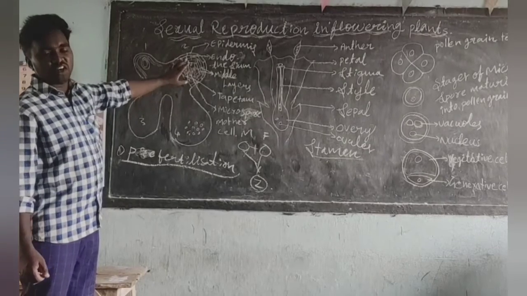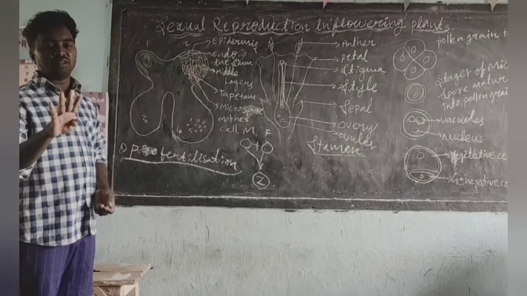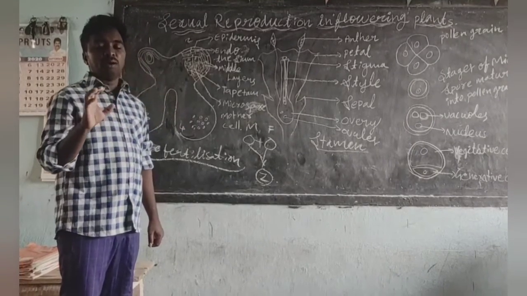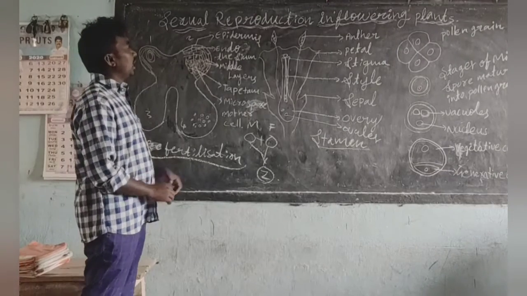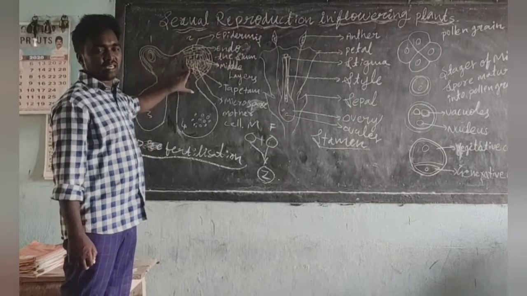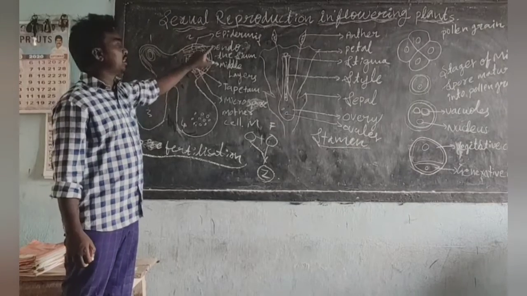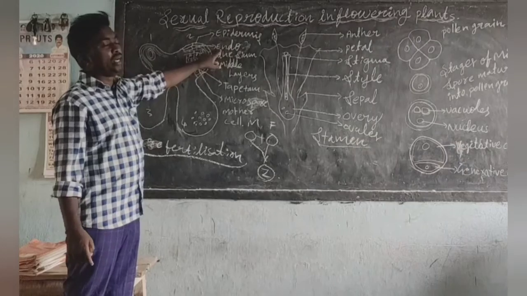Before the formation of pollen grains, majorly 4 layers are formed. 4 layers are present outside of the pollen grains. What are the 4 layers? First, the epidermis. It protects the whole anther, and this is the outer wall of the anther. That is called the epidermis. This is the first layer, and the second layer is the endothecium.